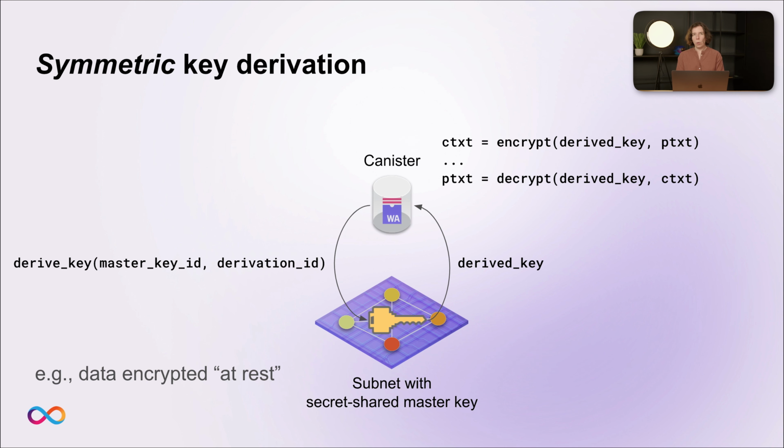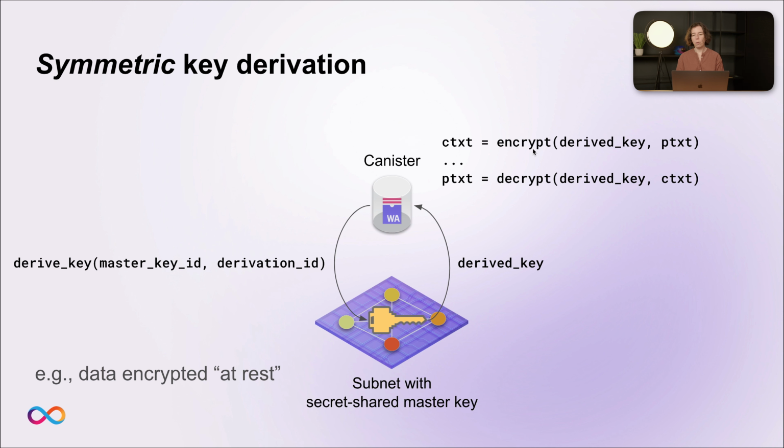And so one question you might have is, okay, so now I give you some ID, which you magically turn into a cryptographic key. What can I do with those cryptographic keys? One of the most basic things that you might want to do with any cryptographic key is have a symmetric key. And there you will call your derive key function from your canister to the subnet from which you derive a key as usual.